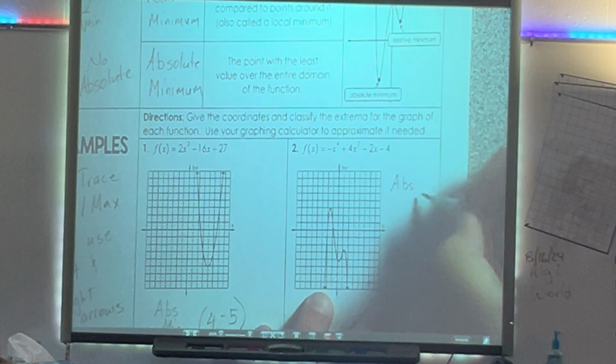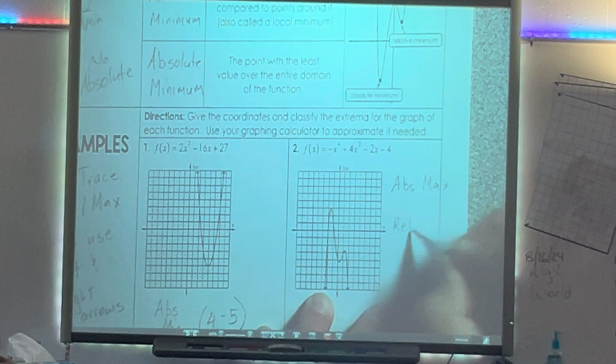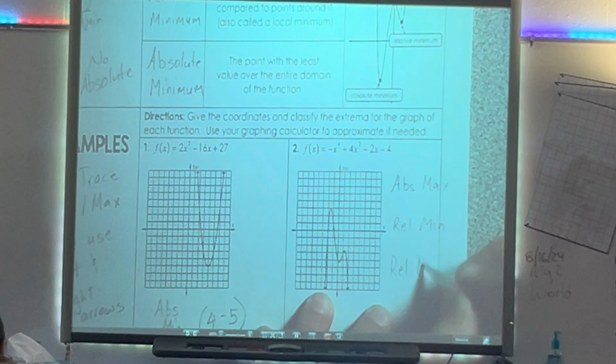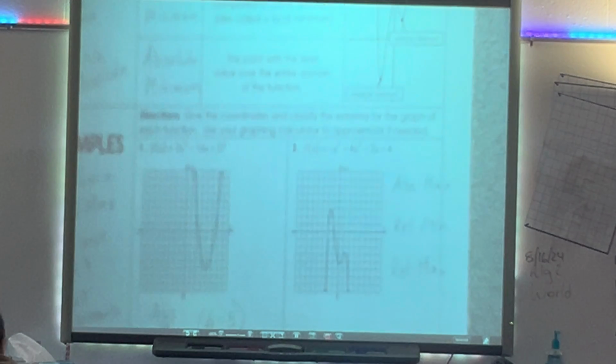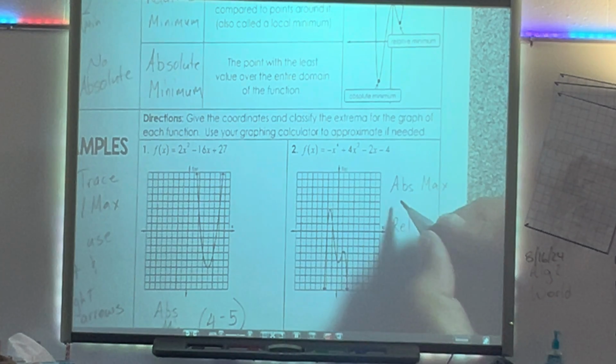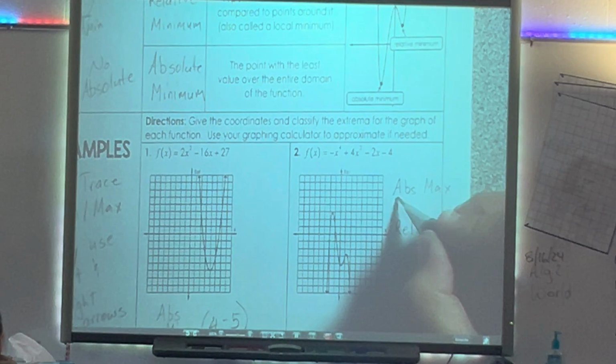Alright, so we're going to get the absolute max, then we're going to get the relative minimum, and then we're going to get a relative max. And Preston, did you have the first one? No, Willie, you had the first one, right? The maximum, okay. And y'all just round those to the hundredths place, and you can give me your rounded number.